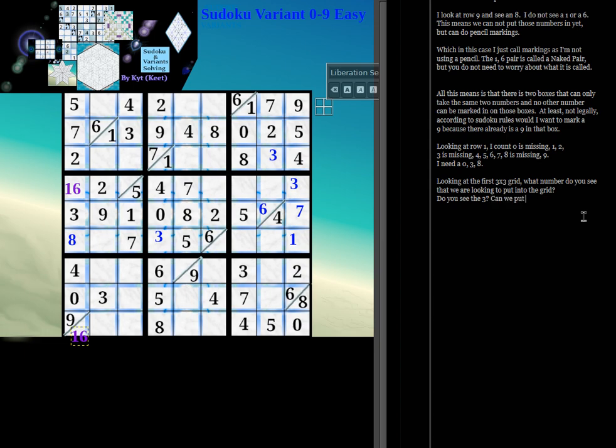So can we put a 3 in this grid? No? You are correct. We cannot put a 3 here because we already have a 3 here. That leaves us with 0 and 8.